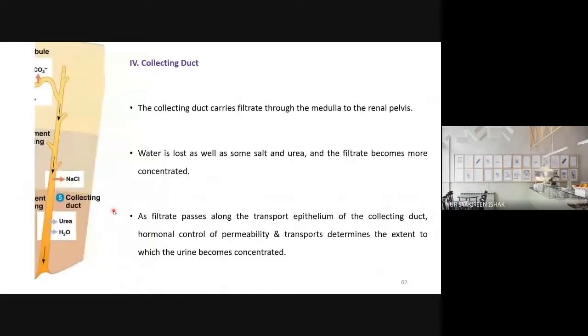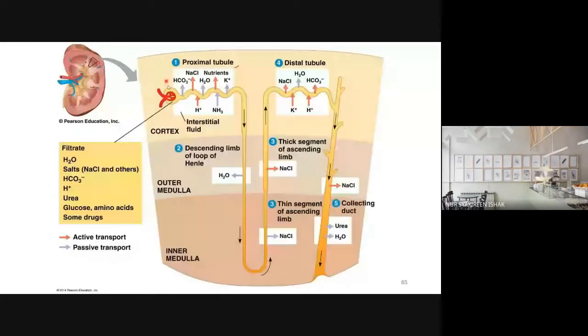Looking at this picture, this is the cross section of a kidney to illustrate a nephron. You have the cortex, the outer region of the kidney, and the medulla, which is separated into two regions, outer and inner medulla.